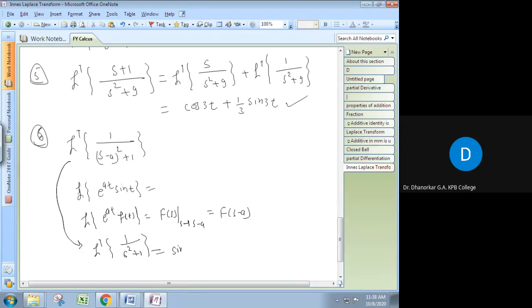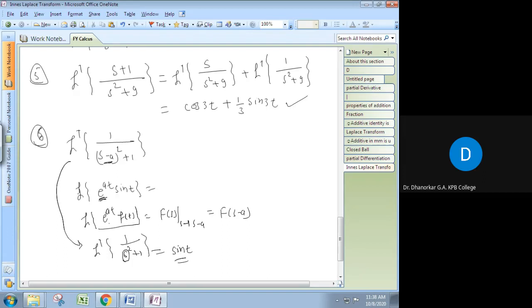It is sine t. But here, s is changed by s minus a. Therefore, surely our time domain function should be multiplied by e raised to power at, because this is as per our property. We know this shifting property.